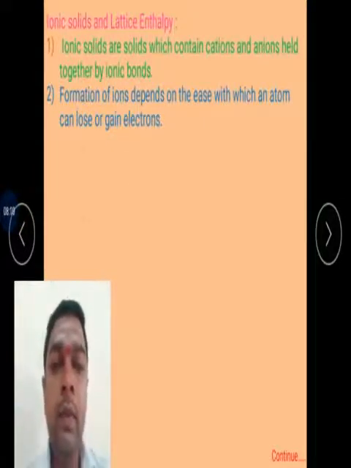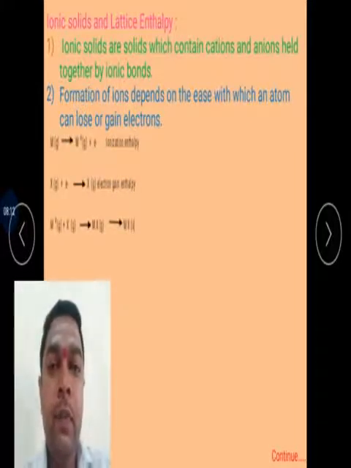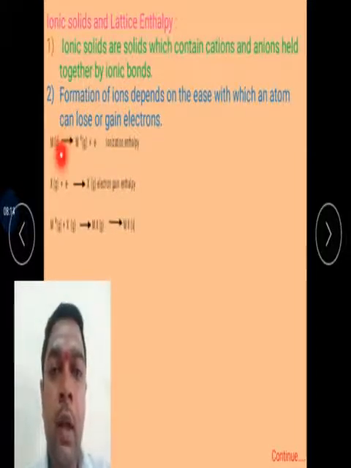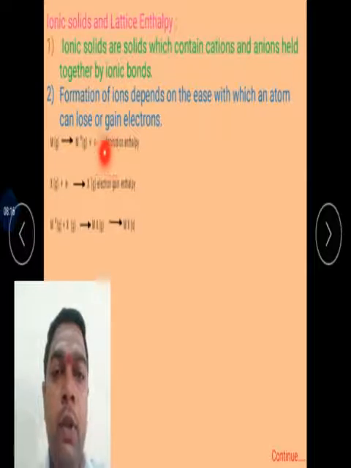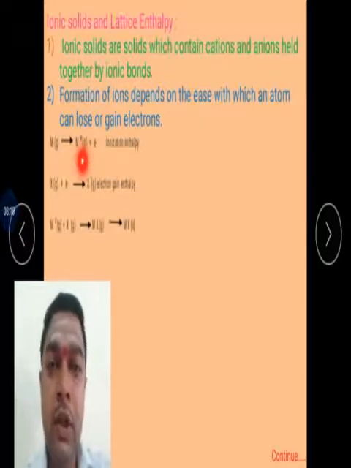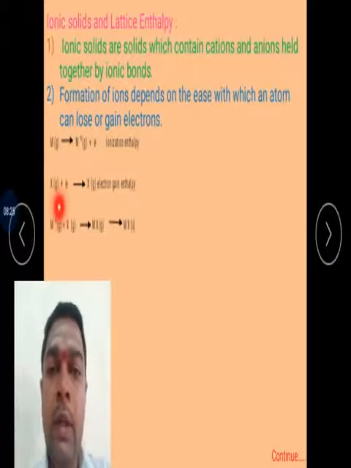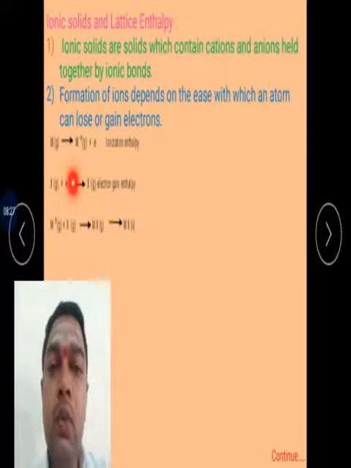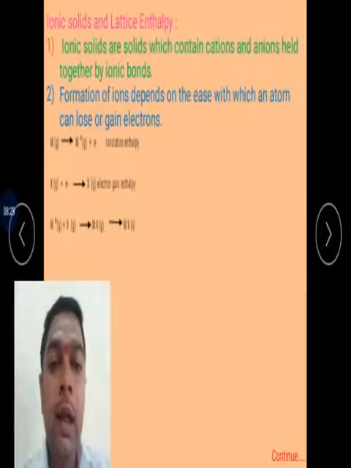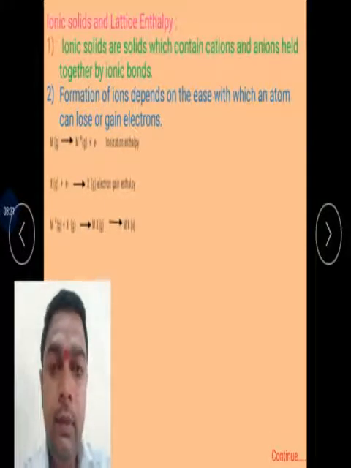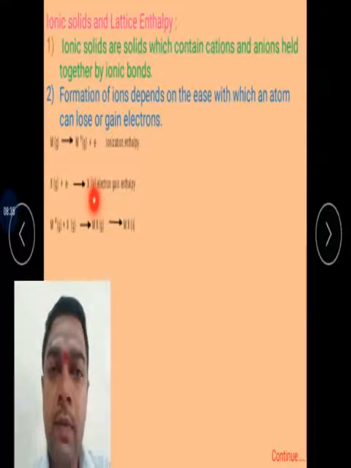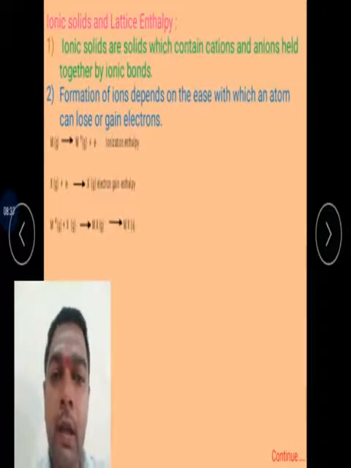For example, in this reaction, this is a metal. It removes its electrons and forms M plus in the gaseous state. This is the ionization energy. In the case of a halogen, X in the gaseous state attracts one electron due to its high electronegativity and forms gaseous X minus ions. This is the electron gain enthalpy.